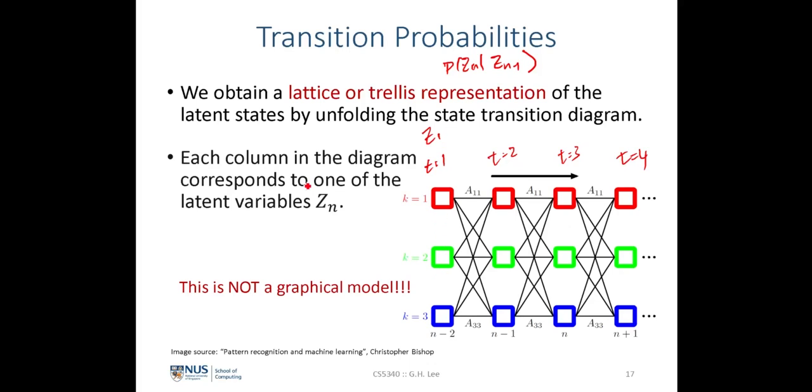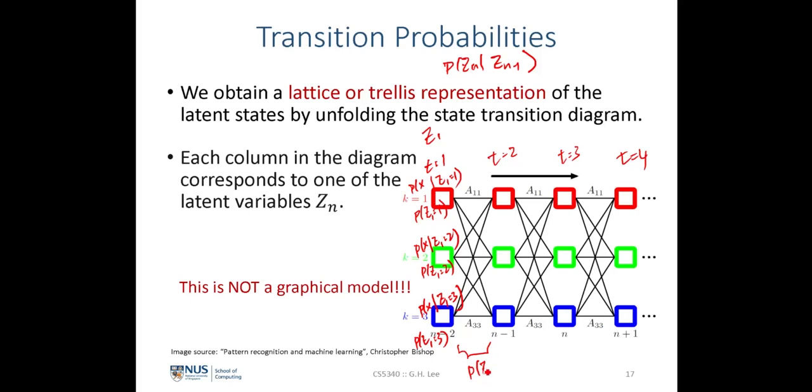There is a certain prior probability of z1 taking a state of 1, z1 taking a state of 2, as well as z1 taking a state of 3, as well as the observation or the observed random variable, the probability of x conditioned upon z1 equals 1, and this will be the probability of x conditioned upon z1 equals 2, and so on and so forth, z1 equals 3, as well as the state transition probability that is described by the edges over here.